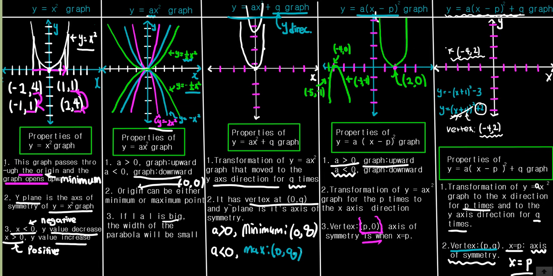So if we graph more points, we can find easy points to graph when the x value is negative 1. When the x value is negative 1, negative 1 plus 4 is positive 3, squared, then plus 2. 3 squared is 9, plus 2 is 11. So we can derive negative 1 and 11.